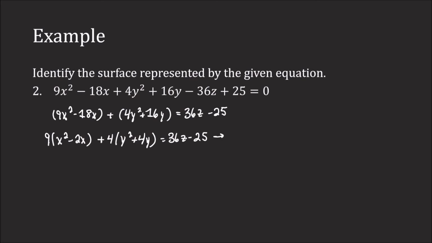So this will lead us to 9 times x squared minus 2x. Now remember, to complete the square, we take half of this coefficient and square it. So it's going to be plus 1, and then we have to throw in a minus 1. Then we have plus 4 times y squared plus 4y plus 4 minus 4, and this is equal to 36z minus 25.